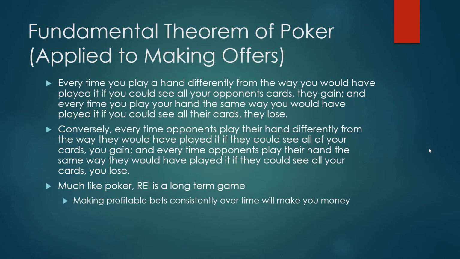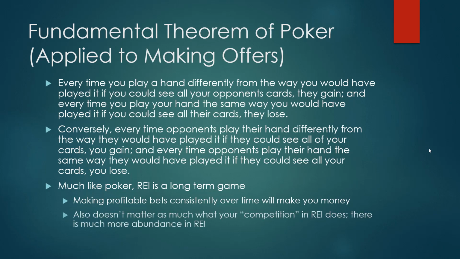So if I would have been able to see what he was going to offer, I would have made a different offer to still win. And I would have not spent as much money, right? Conversely, if he could see what I was going to do, he would probably offer $1,000 more or $1 more or make his offer more attractive in some way like that. Does that make sense? Think about what your opponents are doing.